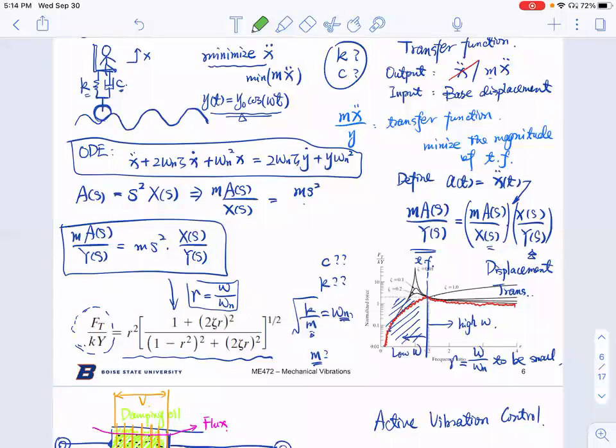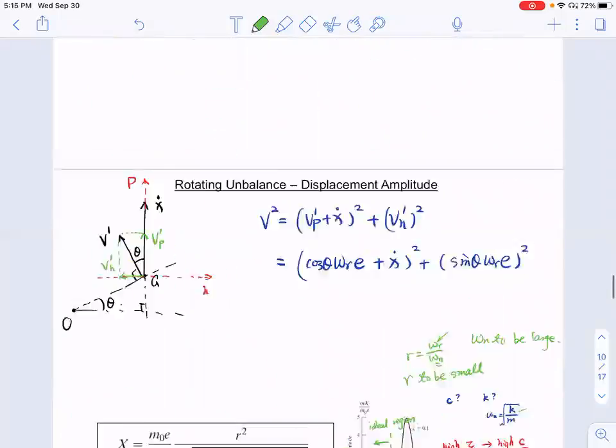It's this one. This one is already normalized. So your R is omega over omega n. If you plug omega and omega n back in, then you have the same equation here.